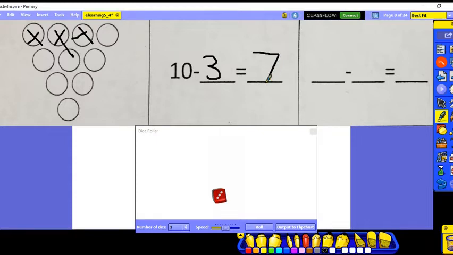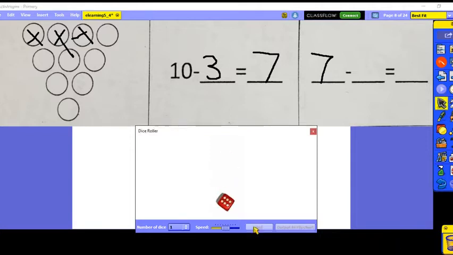7. Now we're going to start with the 7 bowling pins that we have now. So this time we're going to start with 7. Okay, and we're going to roll our dice again. and we have 6.